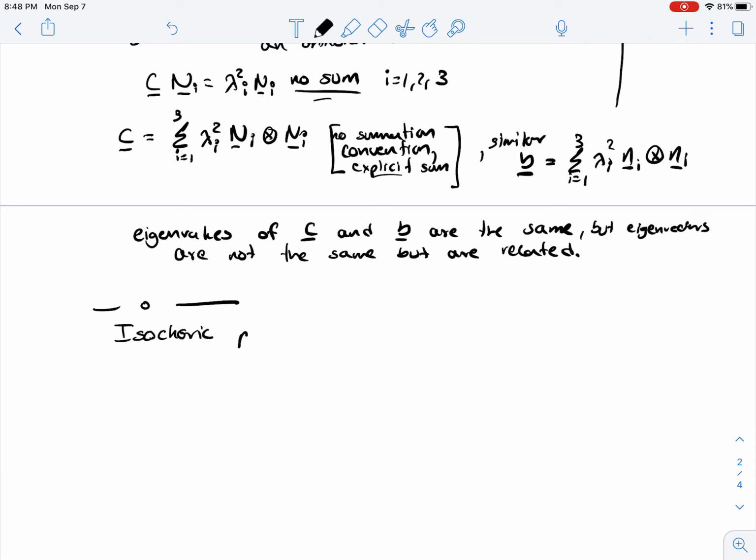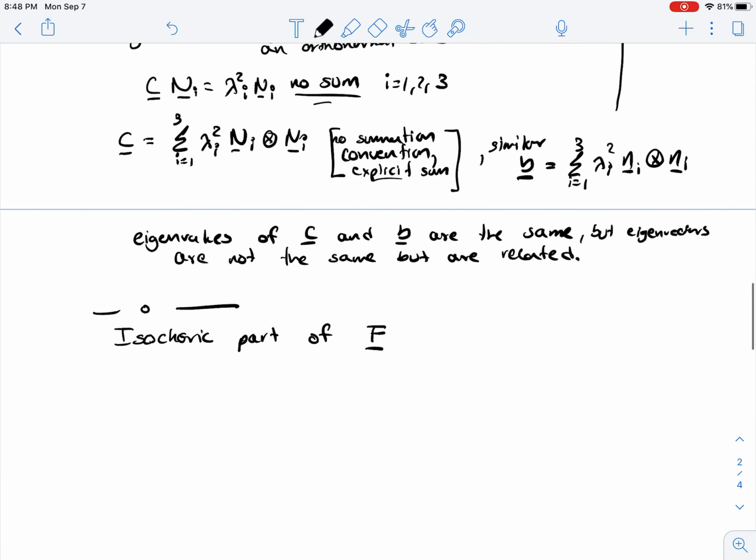And then the last decomposition that I want to introduce is this notion of the isochoric part of F. And this is associated with the idea that materials have different behavior when we are talking about changes in volume, or hydrostatic stresses, or dilational deformation.